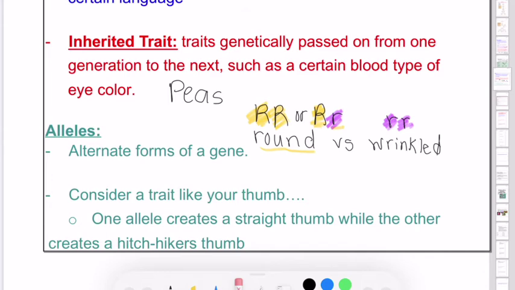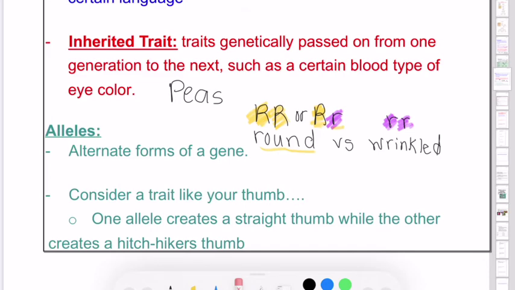So we need to always keep that same letter. I don't care what letter you use as long as you're being consistent. And normally we just use the letter that represents the trait that's dominant. So round starts with R, we'll use an R.